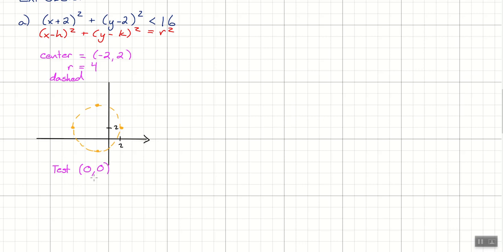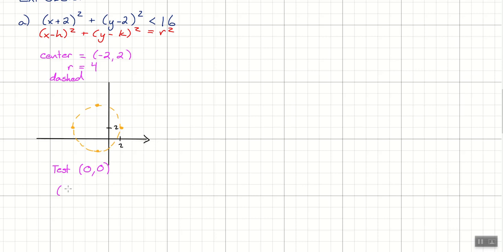When I say test this, what we're looking for is points that will make my entire inequality true. So let's plug into my original and determine whether it's true or false. If I plug this test point 0, 0 into my original inequality, do you see where this came from? 0 plus 2, because I'm plugging it in for the x.